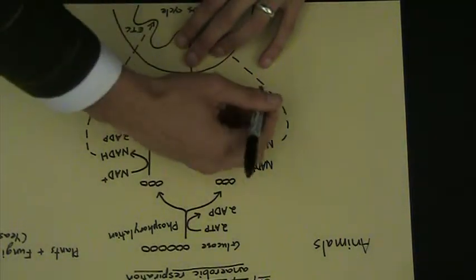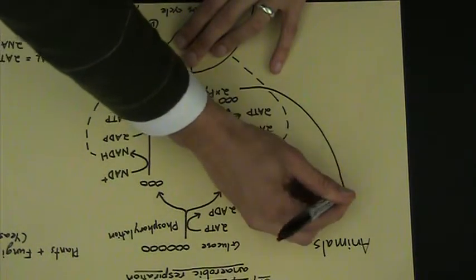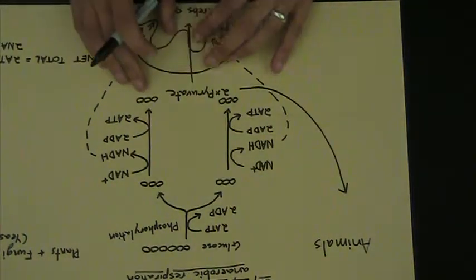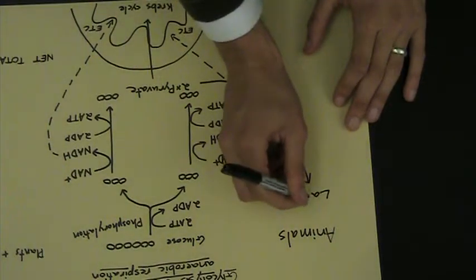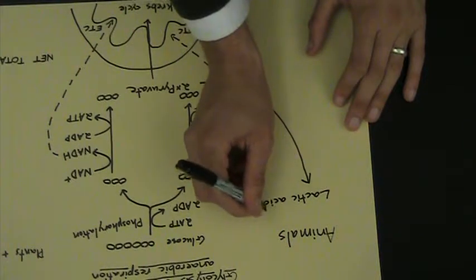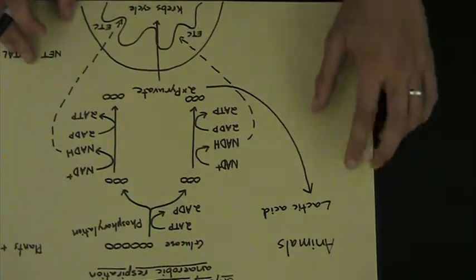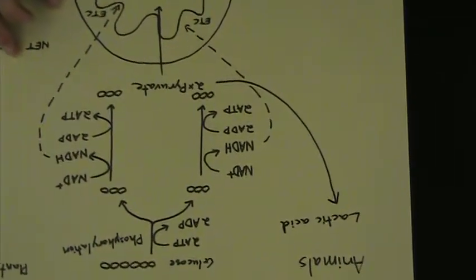Pyruvate is converted into the substance that burns your muscles when you exercise hard, lactic acid. You may see in an exam that that's written down as lactate. If it is, don't freak out. Same stuff.